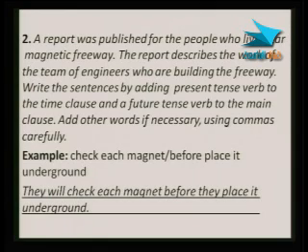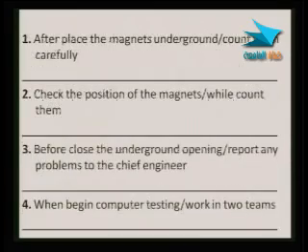So now we go to number one. Some of them we'll do together, and then you do the rest as homework. Number one: "after place the magnet underground, count them carefully." So we can say, after they place the magnets underground, they will count them carefully.